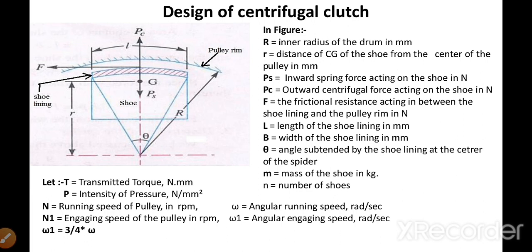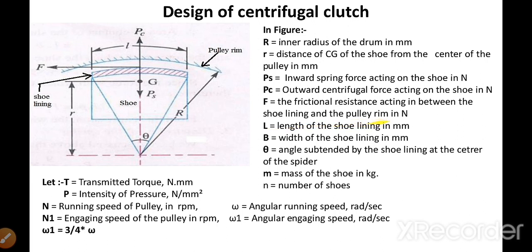Then Ps is the spring force by which the shoes are held in position. Then small Pc is the centrifugal force acting on the shoes. After that, F is the frictional resistance developed between this brake shoe lining and the pulley rim.